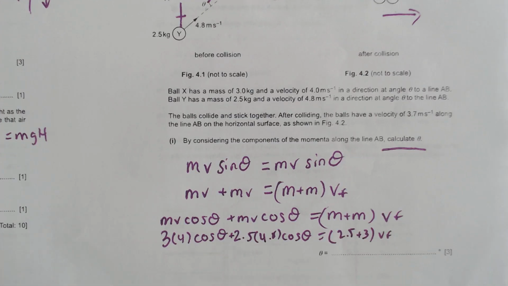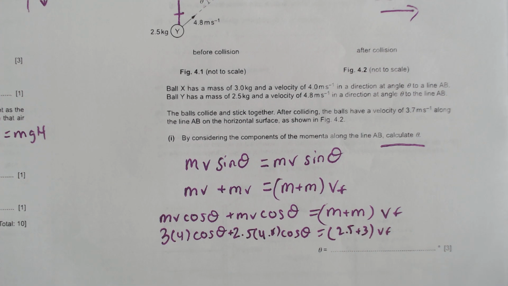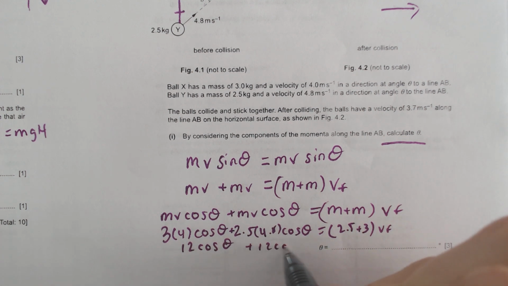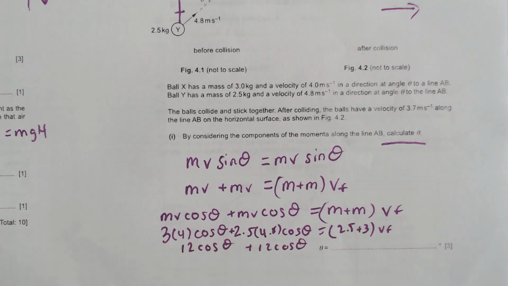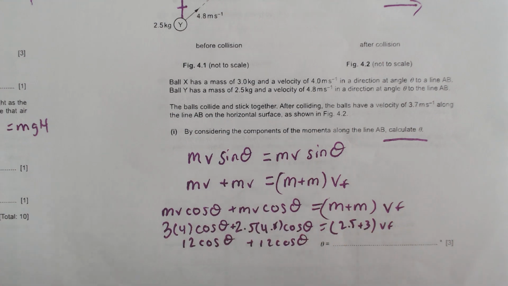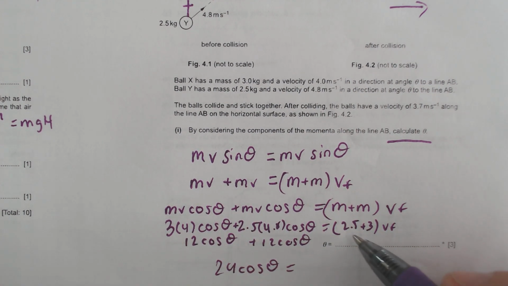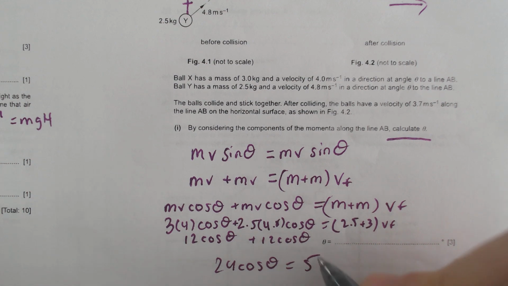If we do a little bit of math there, you end up with 12 cosine theta, plus 2.5 times 4.8 is 12 cosine theta. So these are both 12 cosine theta. And if you combine 12 plus 12, you get 24 cosine theta would equal 2.5 plus 3, 5.5 v final.